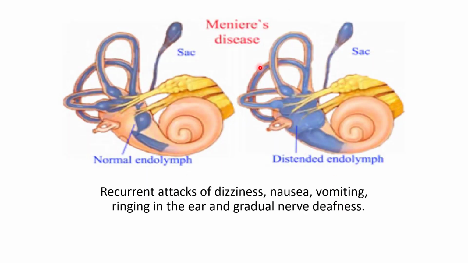There is an entity called Meniere's disease, in which the endolymph is normally of a certain amount, and if there is excessive endolymph formation, the membranous labyrinth becomes distended with the excessive endolymph. This causes swelling and pressure onto the nerves, which leads to recurrent attacks of dizziness, nausea, vomiting, ringing in the ears, and gradual nerve deafness may occur. This entity is called Meniere's disease. So this is for ENT specialists.